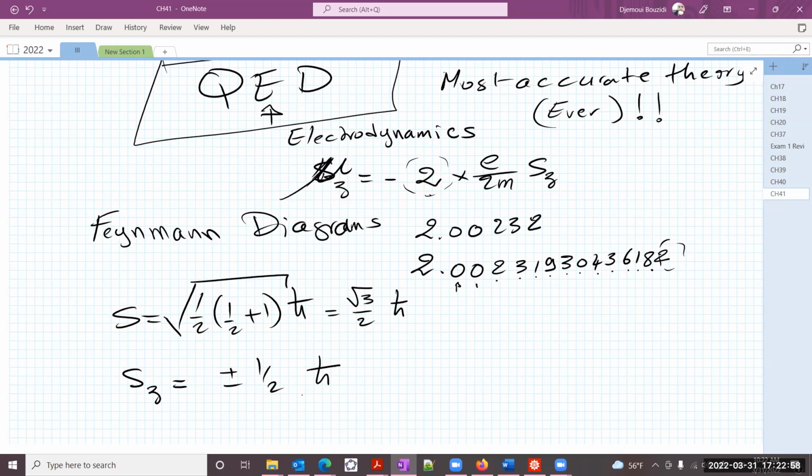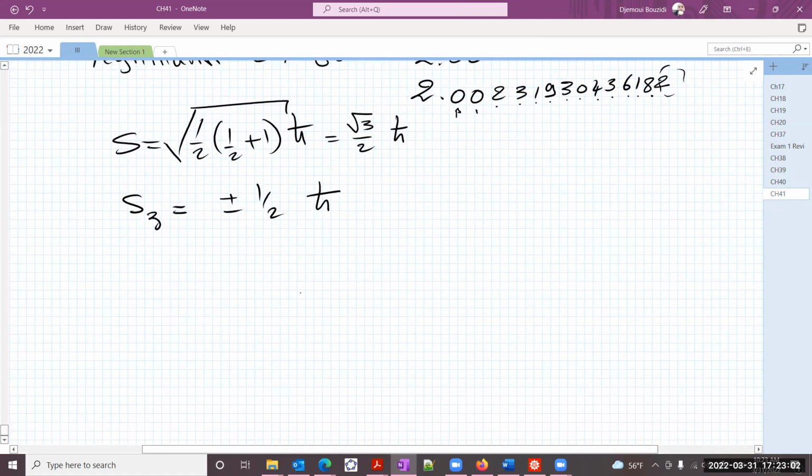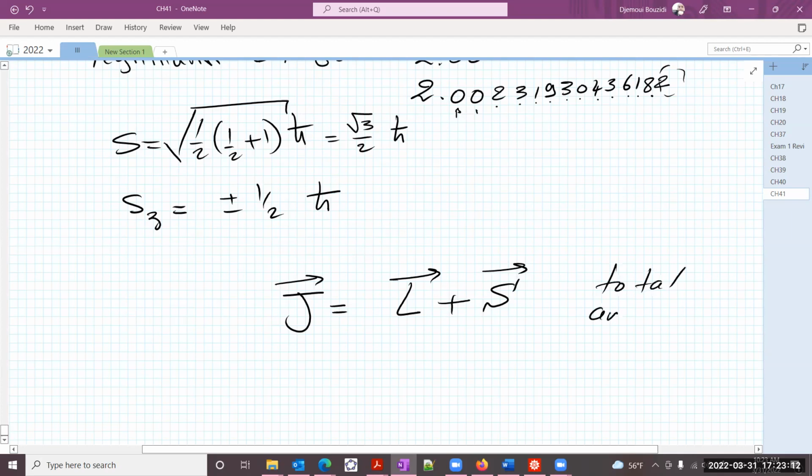So let's now recapitulate or add the two things together. So the total angular momentum is actually a vector that is equal to the sum of these two vectors. So this is the total angular momentum of an electron.